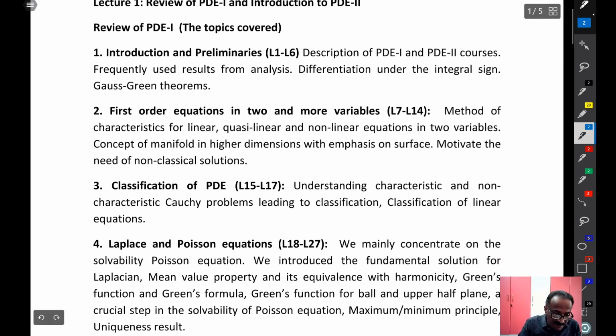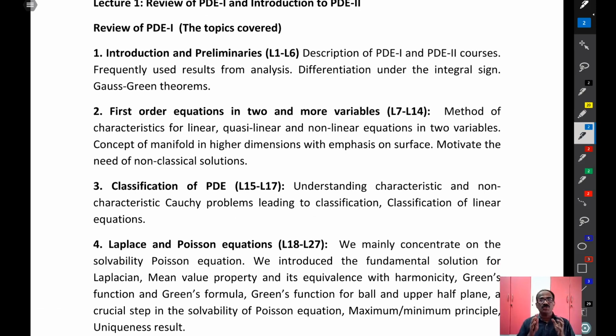Then we introduced what are called first order equations in 2 or more variables. One of the main things we concentrated on is the notion of characteristic. By the time you have gone through PDE1, you would have seen the importance of the characteristic concept in partial differential equations, which even goes to the next section, classifications.